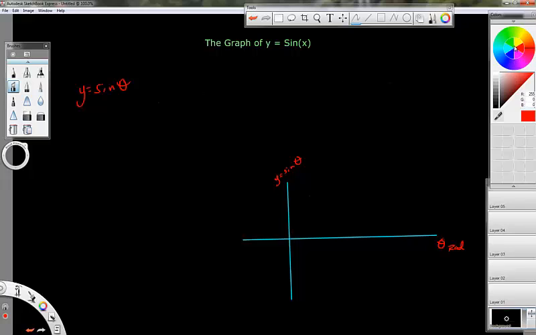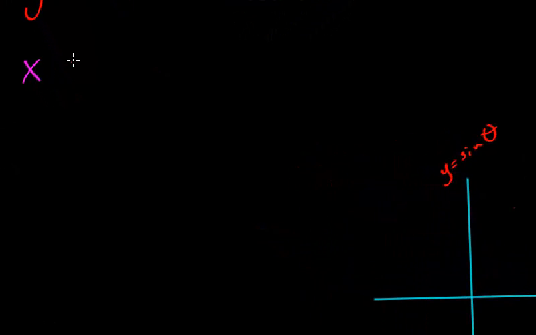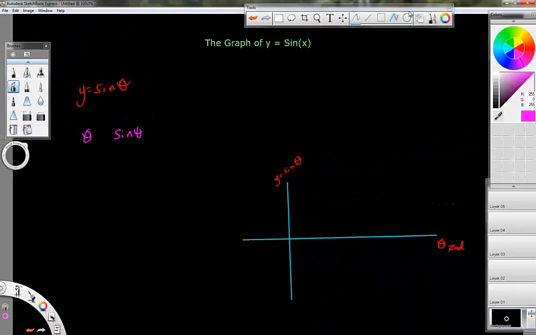What we're going to do is make ourselves a little XY type table. But instead of X, Y, I am going to do theta, sine theta. I'm going to make a table going right down through here like this.